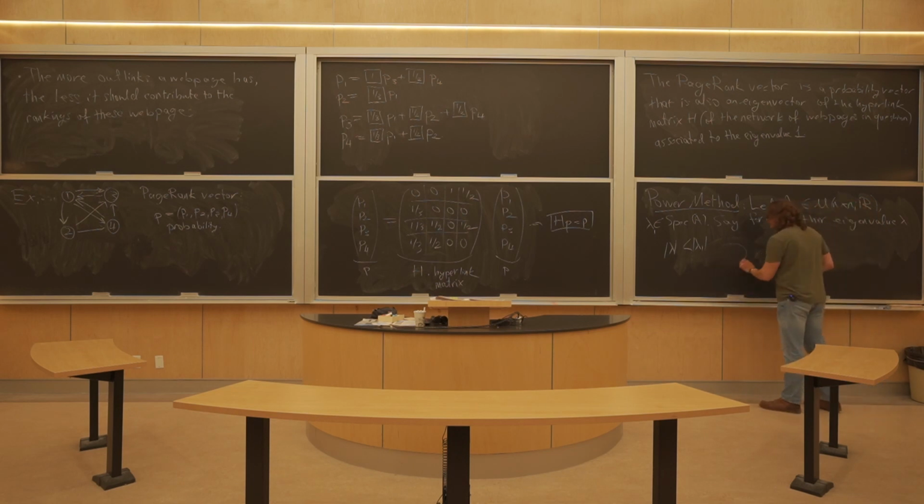So on the picture, let's say that your eigenvalue is here, lambda 1. You want everything else to be closer to the origin.